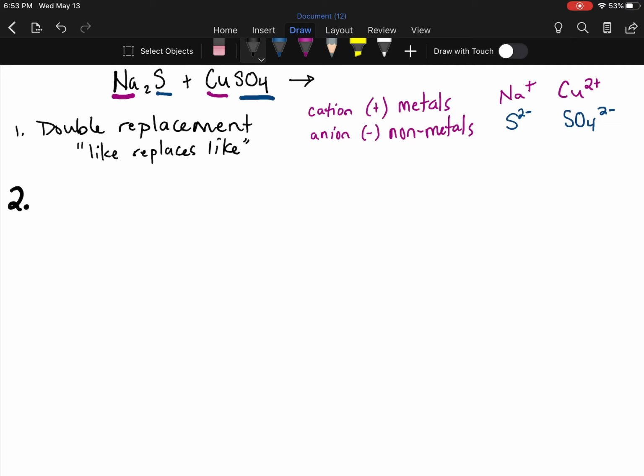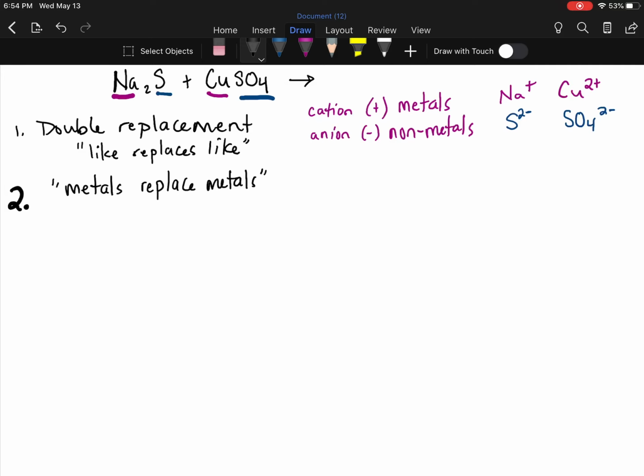So this is just reminding you of how double replacement reactions work. Like replaces like in a double replacement reaction, which means that metals will replace metals. Okay? So the directions say, pair the cation of the first reactant with the anion of the second reactant.